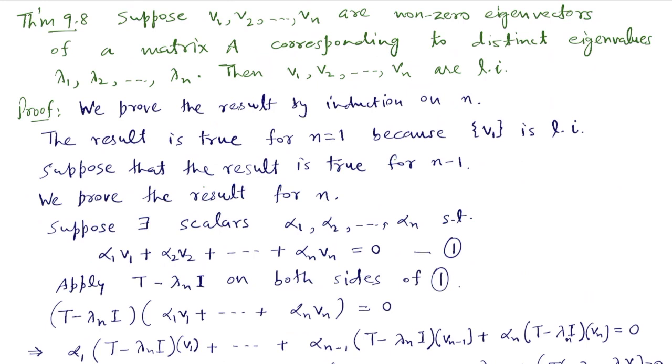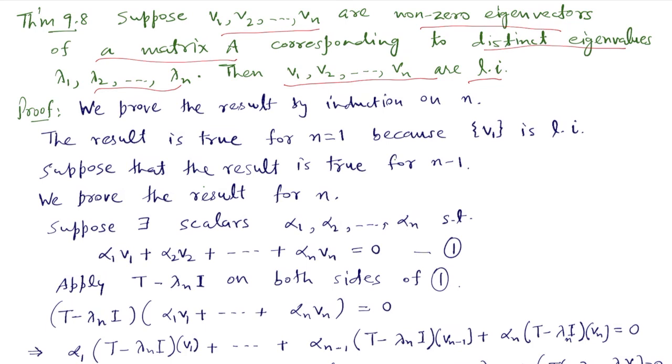The second result says that if v1, v2, ..., vn are non-zero eigenvectors of a matrix A corresponding to distinct eigenvalues lambda 1, lambda 2, ..., lambda n, then these vectors v1, v2, ..., vn are linearly independent.